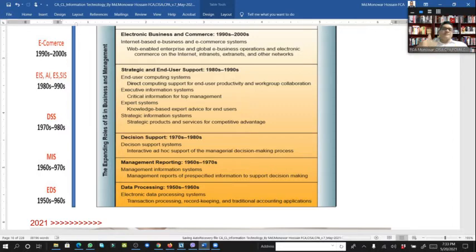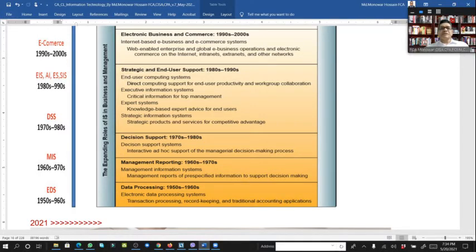And the evolution came in 1980 to 1990, and a lot of change came in 1980 to 90. It was EIS, AI, ES, and SIS. EIS, that means end user computing, directly providing computing support to end user productivity and working group collaboration.